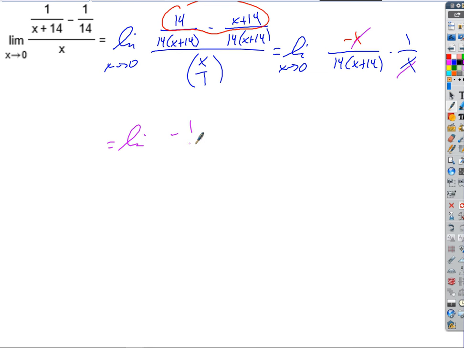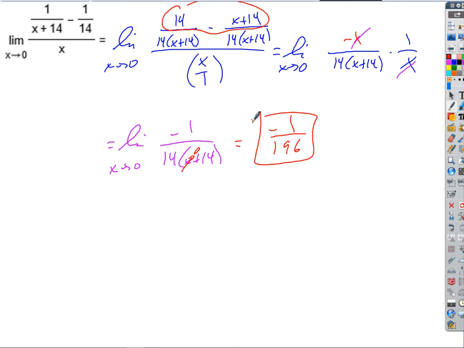So I get -1/14 times x plus 14 as x goes to 0. Well, let it go to 0. And then I just get -1/14 times 14, so -1/, what is that, 196? Because when I divide by, I'm going to multiply by the reciprocal at the bottom.